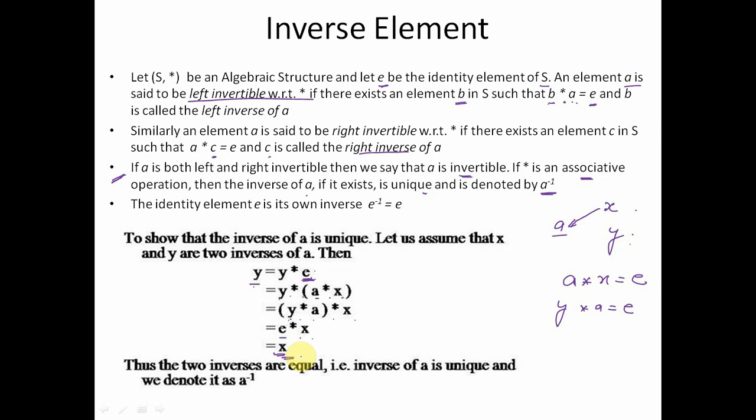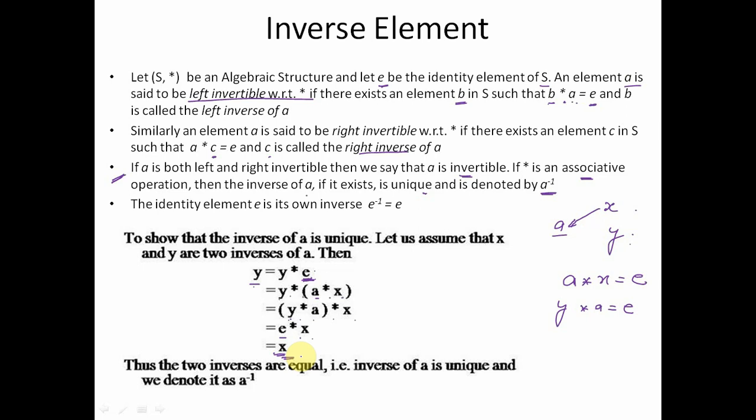Now a very important point. Remember, I said that the identity element, if it exists, is unique, and the identity element is of the set with respect to the operation star. So there can be a single identity element for the entire set.